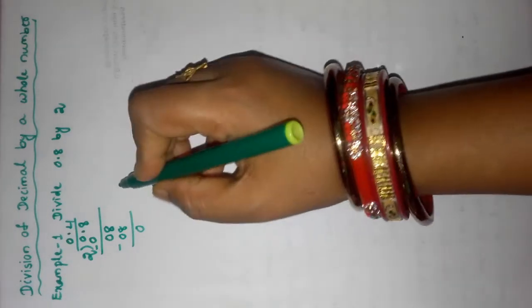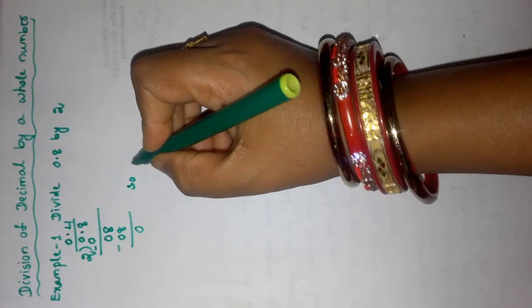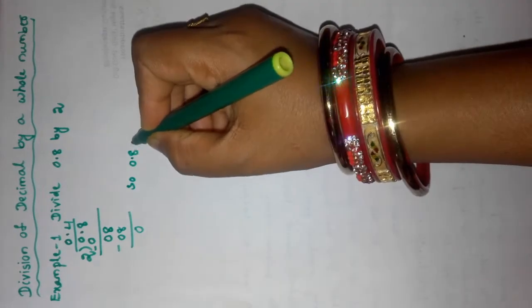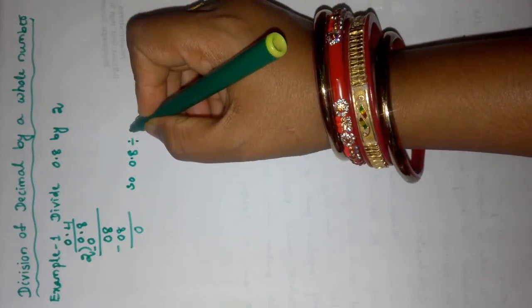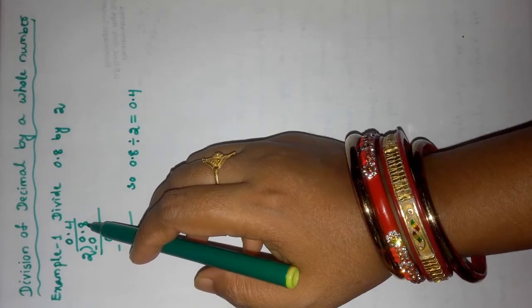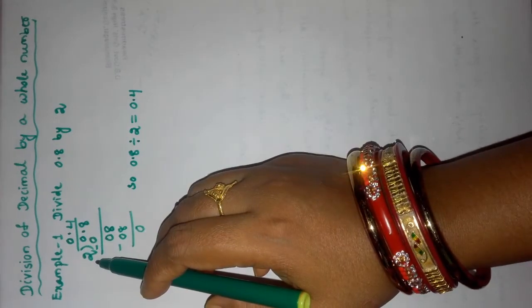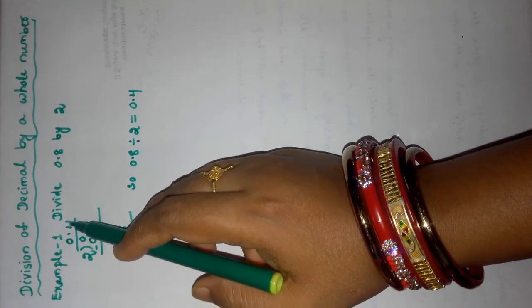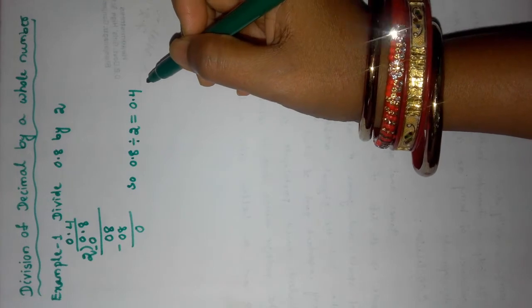The remainder is 0. So 0.8 divided by 2 equals 0.4. Here 0.8 is the dividend, 2 is the divisor and 0.4 is the quotient.